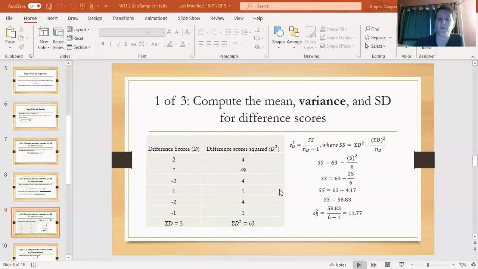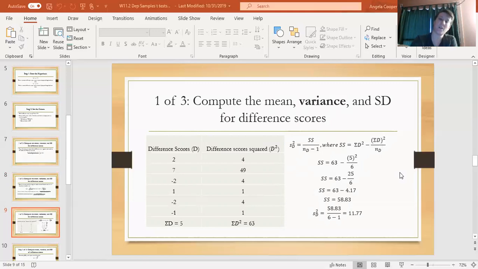And then the sum of the squared difference scores, here are our squared difference scores, 4, 49, 4, 1, 4, 1. Again, 2 squared, 7 squared, negative 2 squared, etc. We add those up, and that gives us 63. So that's where this 63 is coming from, the sum of the squared difference scores. The sum of the difference scores squared is that.